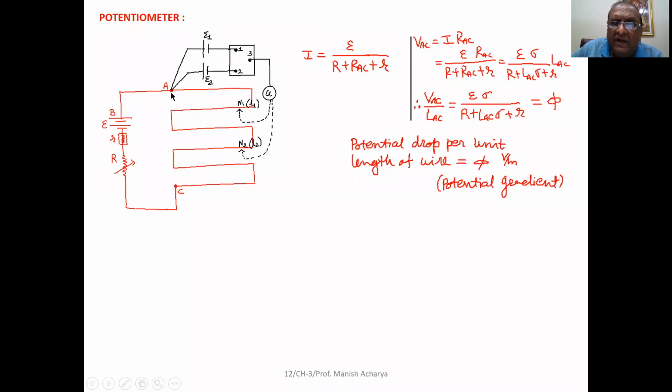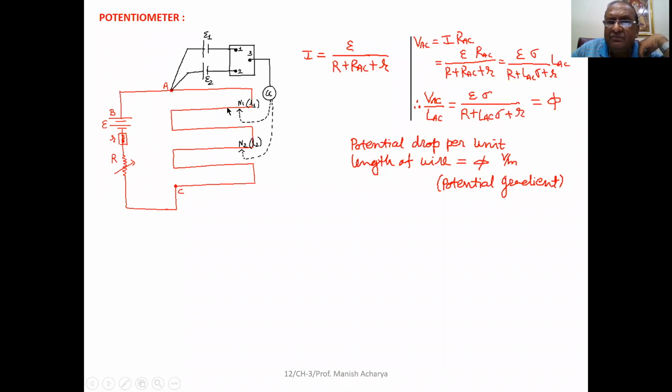Now see, between these two terminals A and C of the wire, the total potential difference is VAC. So in other words, we can say this wire itself will behave as a source having potential difference VAC between these two terminals. So here, suppose we take one wire from terminal A, which behaves as the positive terminal because it is connected with the positive terminal of the battery.